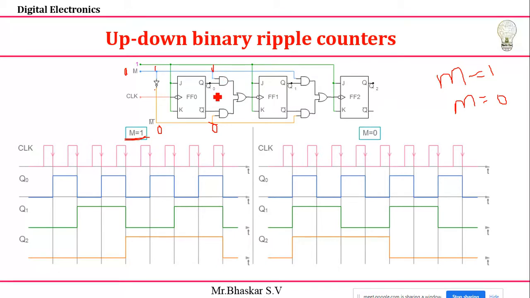You already know that Q naught dot 1, what is the output you'll get? 1 dot Q naught, what is the value you'll get? AND gate output. Q naught dot 1.